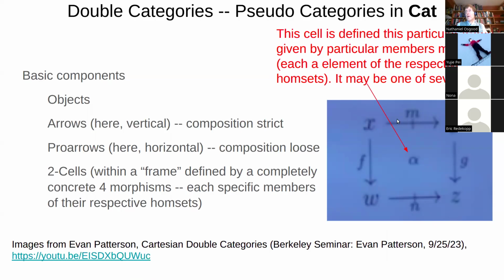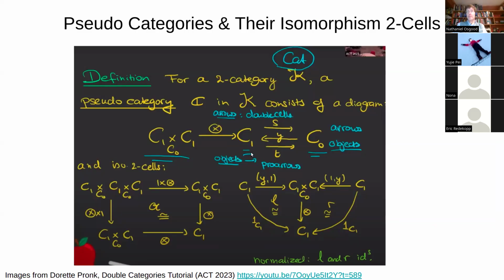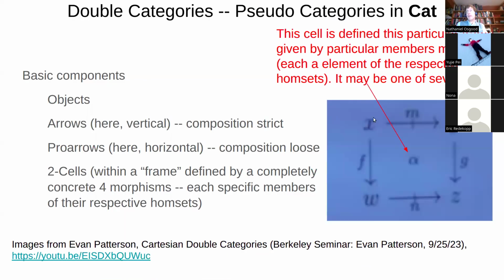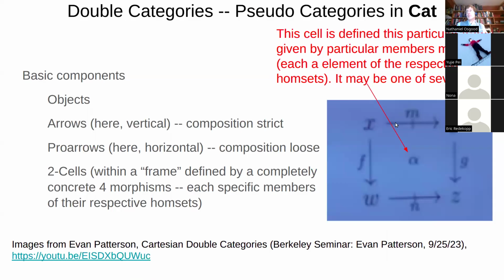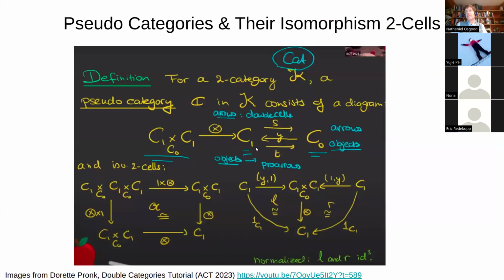Yeah, so every pro arrow has a source object. And this functor, that makes sense, right? The source of this pro arrow is X. The target of this pro arrow will be Y, right? And you can reason about that, okay.